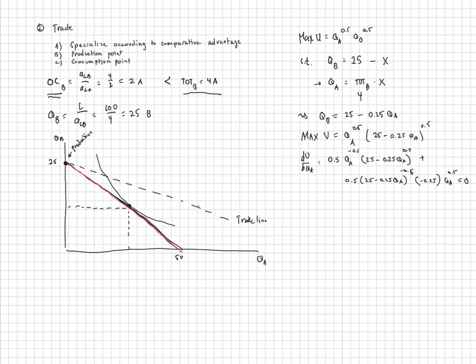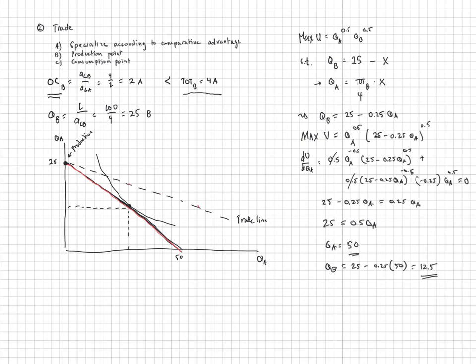We're going to simplify by getting rid of some of this 0.5. And if I just go ahead and do this, what I get is 25 minus 0.25 QA equals 0.25 QA. So 25 is equal to 0.5 QA. QA equals, of course, 50. And therefore QB, using our constraint up there, is 25 minus 0.25 times 50 equals 12.5.